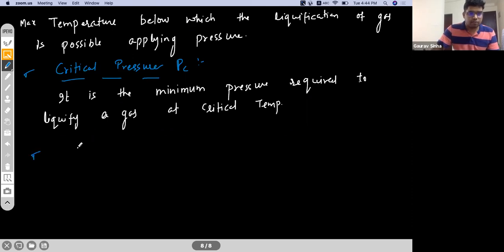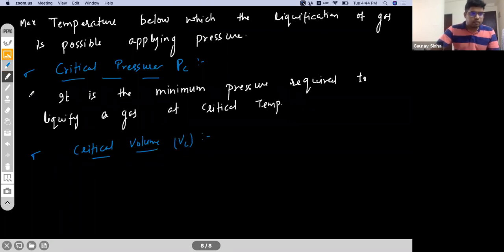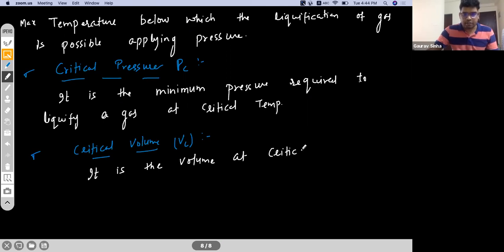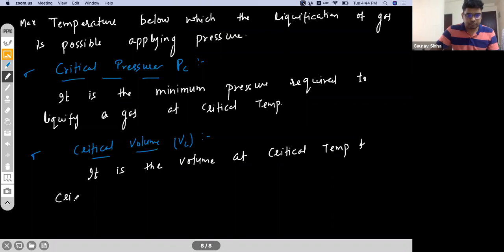Next is critical volume. Write down. It is the volume at critical temperature and critical pressure.